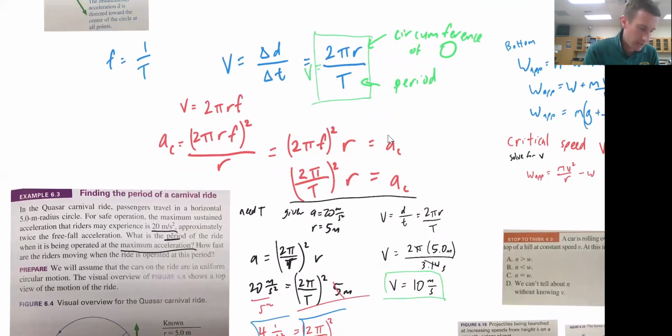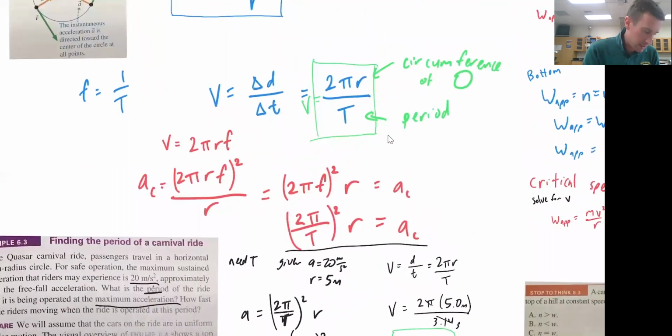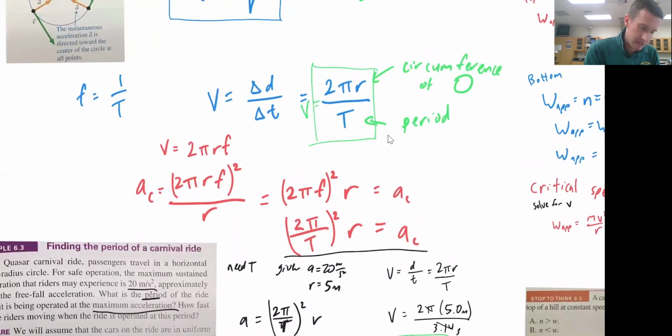So I've got this equation up top, this guy right here, because it's velocity and radius. So if I multiplied T over and then divided by v, radius would make it go more time, more velocity would make it go less time, and they are kind of directly related.